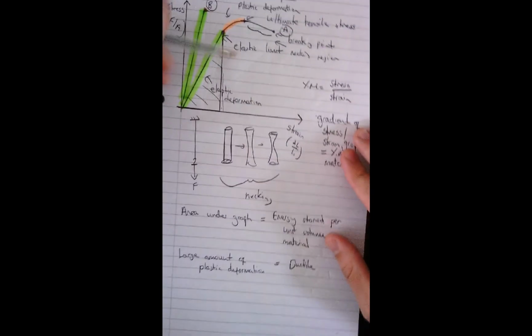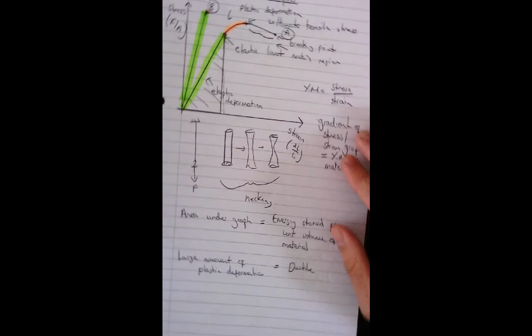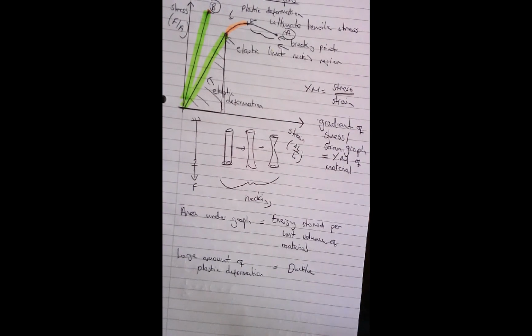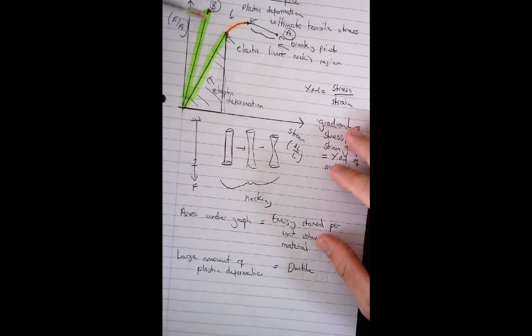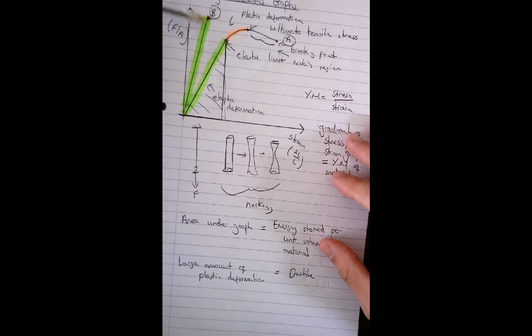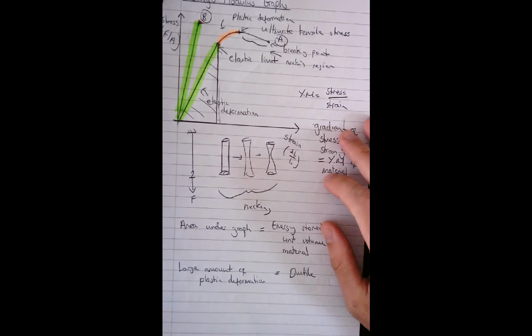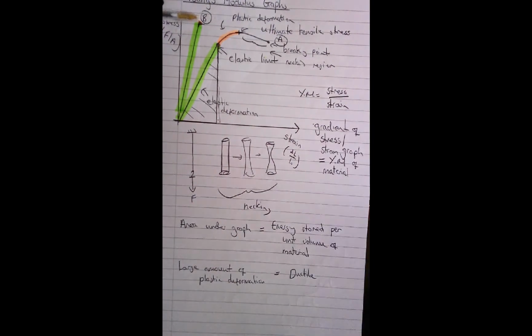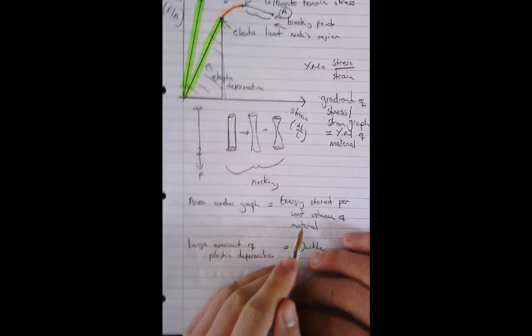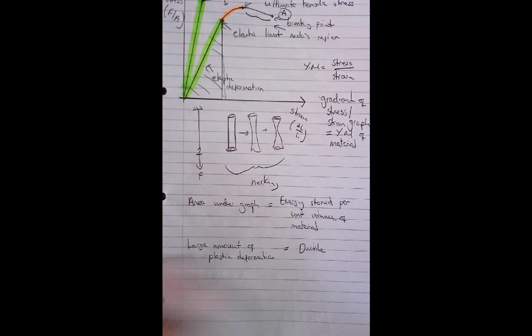Here on the graph, we've got the opposite of that. A material which is going under elastic deformation almost entirely, with a very small period before it breaks of plastic deformation, if at all. The opposite of being ductile is brittle. So think of a biscuit, easy to snap.